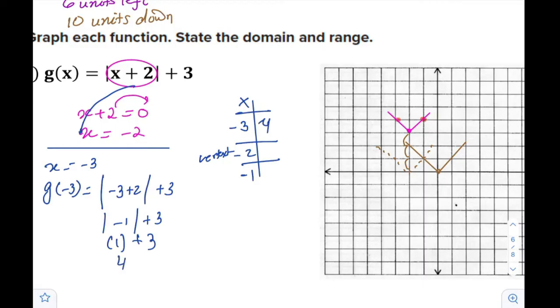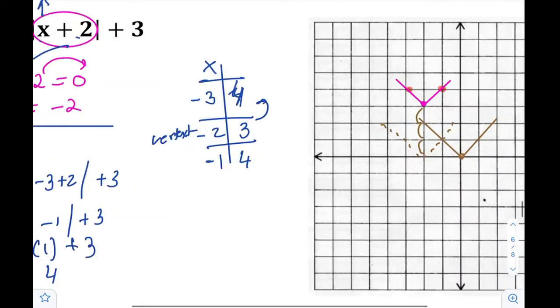Repeating the procedure for minus 2: minus 2 plus 2 is 0, 0 plus 3 is 3. And put the minus 1 here: minus 1 plus 2 is 1, and absolute value of 1 is 1. 1 plus 3 is 4. And as you see, there is a symmetry somewhere here and there.